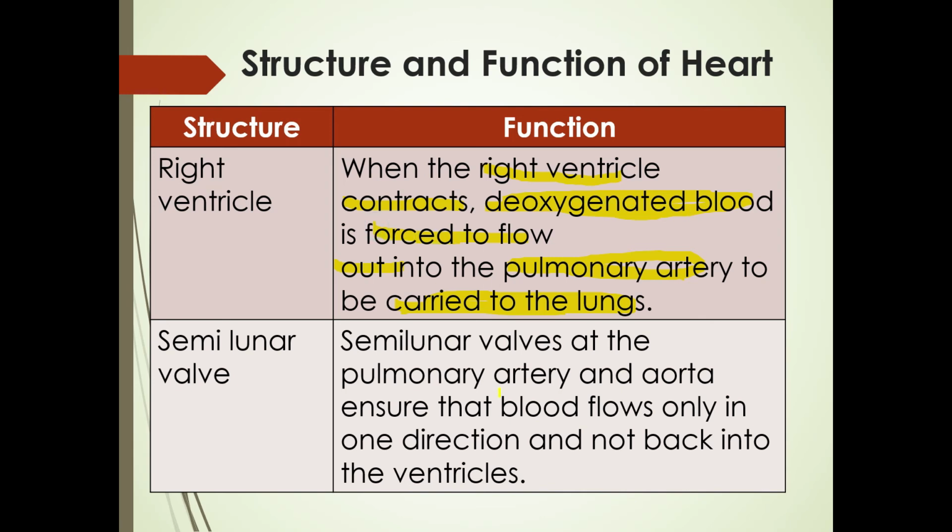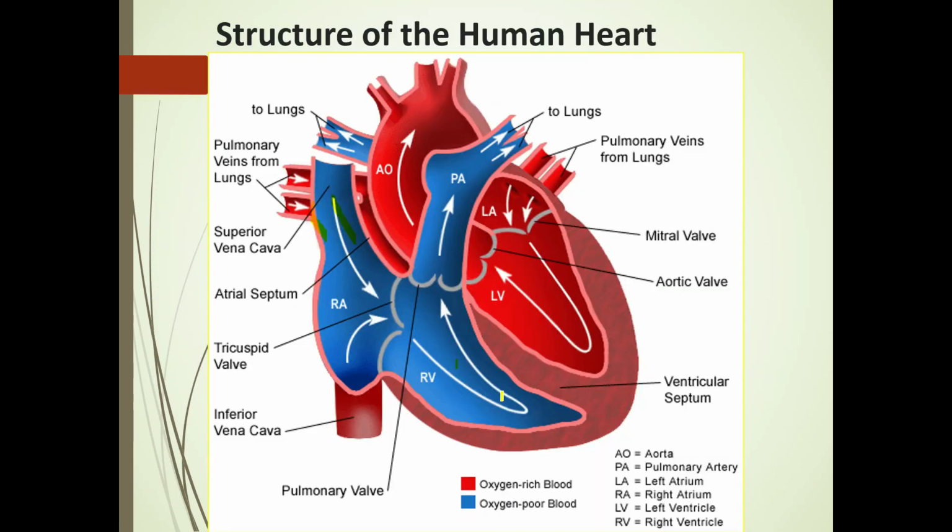So we go to the diagram. Now the blood is already here, right? So the right ventricle is contracting. When it contracts, the blood goes to the pulmonary artery here.